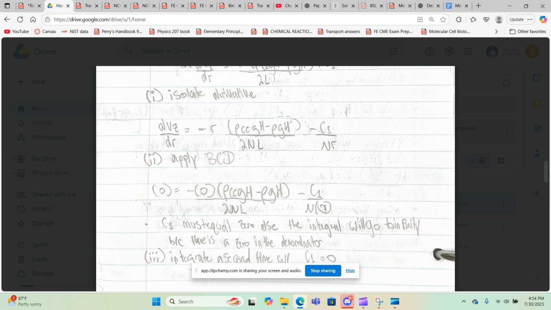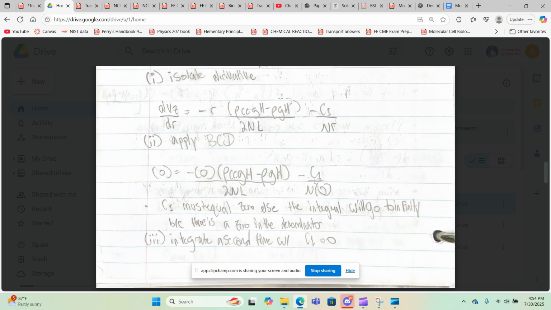And we see that since there's a 0 in the denominator here, c1 also has to be 0, because if it was anything else, it would just go to infinity. If it wasn't, the whole equation would just blow up and not work at all. So c1 just has to be 0.